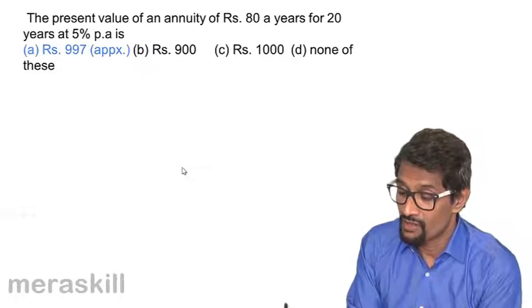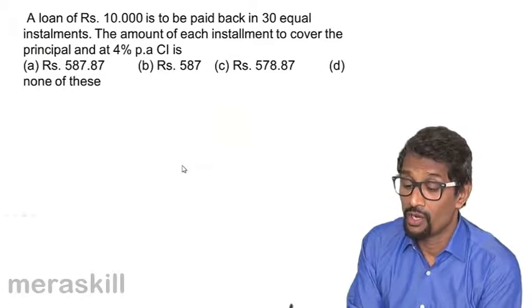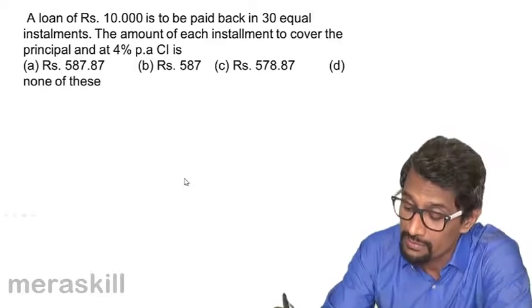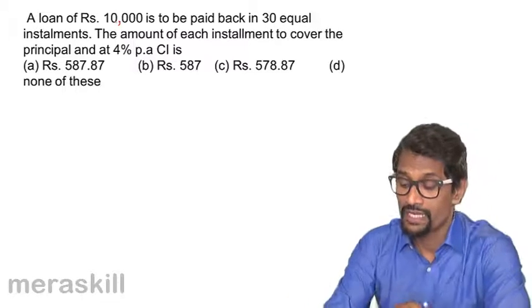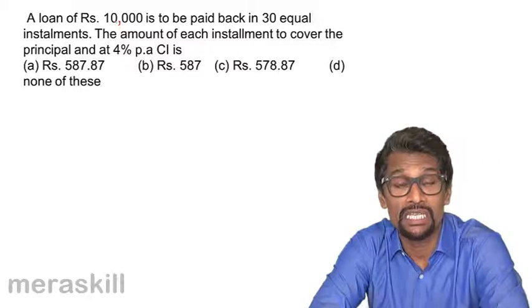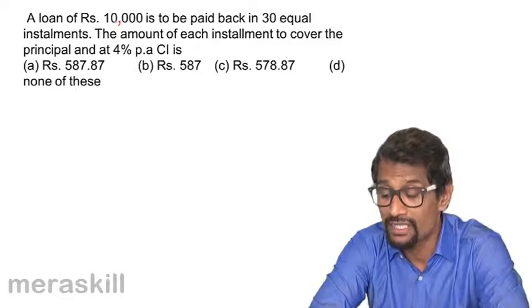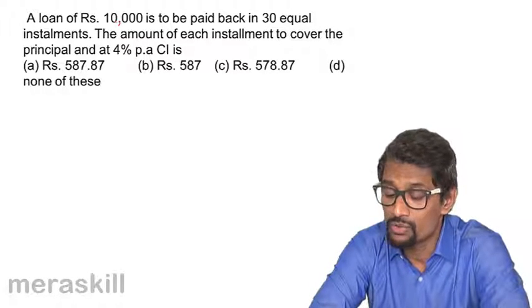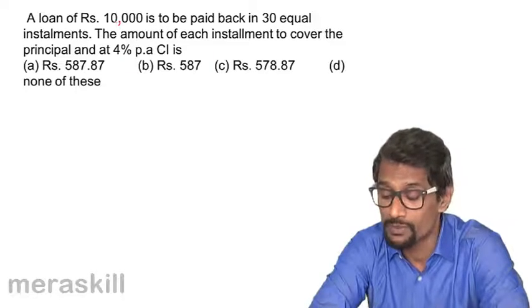Further ahead, we have a loan of rupees 10,000 to be paid back in 30 equal installments. Currently the value of this is 10,000. The amount of each installment covers the principal and compound interest at 4% per annum.